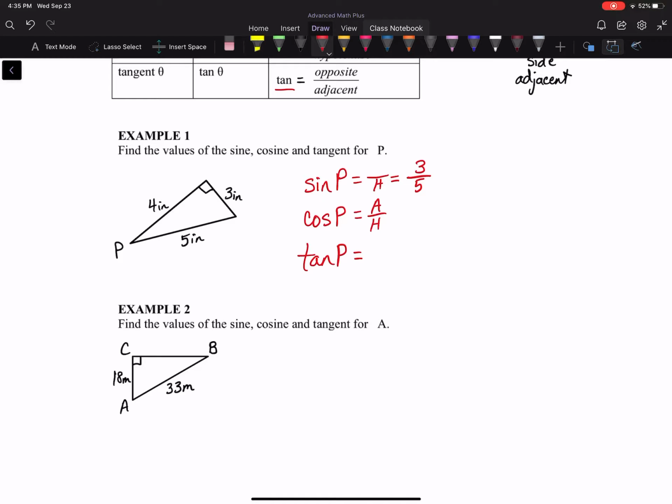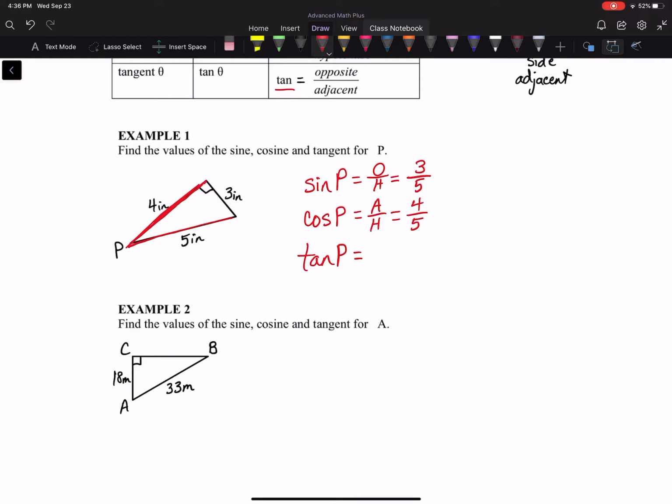The cosine of P is adjacent over hypotenuse. So adjacent over hypotenuse, the side that's adjacent to P is this side right here. So that's 4. And again, like we said, the hypotenuse is 5. 4 over 5. And again, you always reduce if you can, but sometimes you can't.